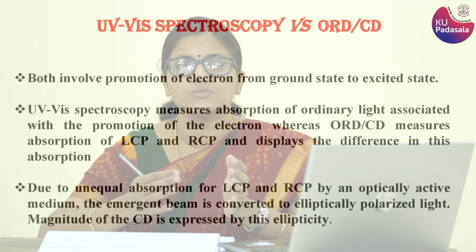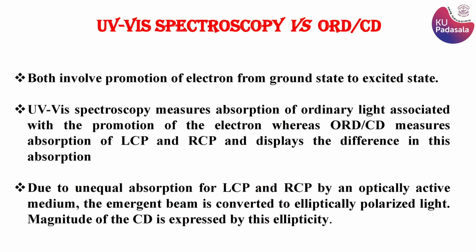So before going further, let us try to compare what is the difference between UV visible spectroscopy and this circular dichroism or CD. Now both we should understand that is dealing with absorption of light. UV visible spectroscopy uses ordinary light, whereas circular dichroism uses circularly polarized light.